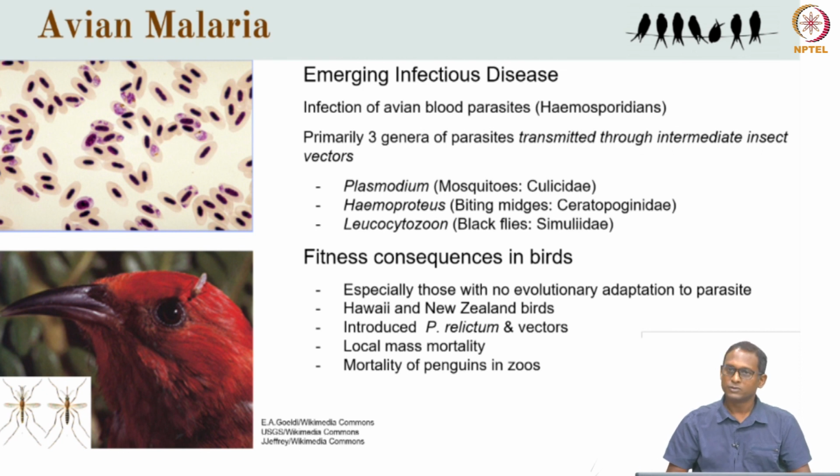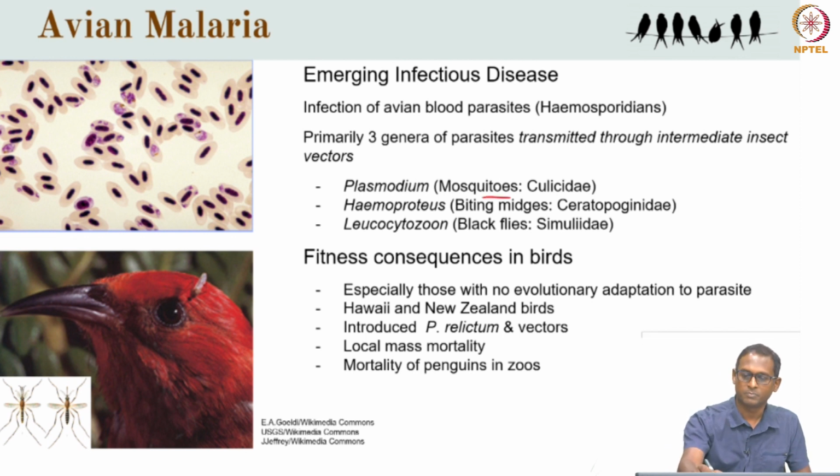Molecular techniques can also be used to study disease. There are various emerging infectious diseases. Avian malaria is one of them, and this is primarily hemosporidians, of 3 genera: Plasmodium, Haemoproteus and Leucocytozoon, from different vectors.